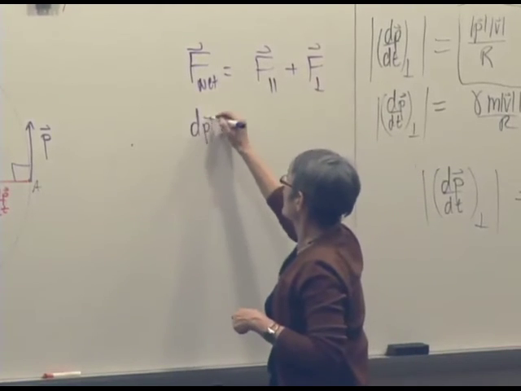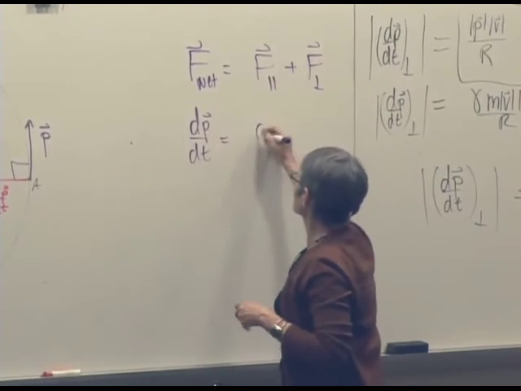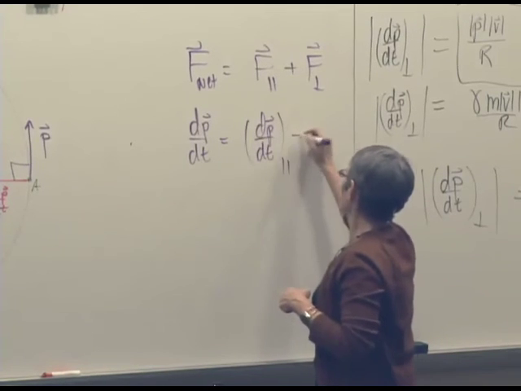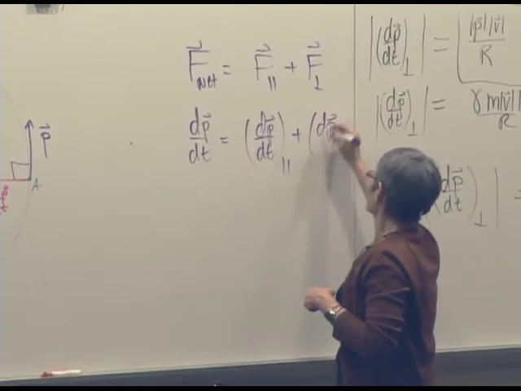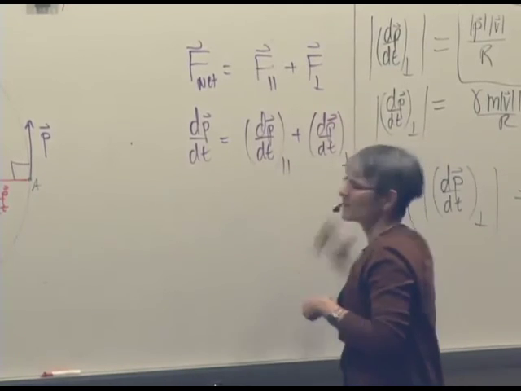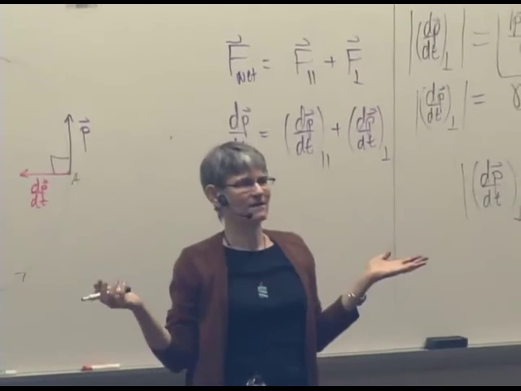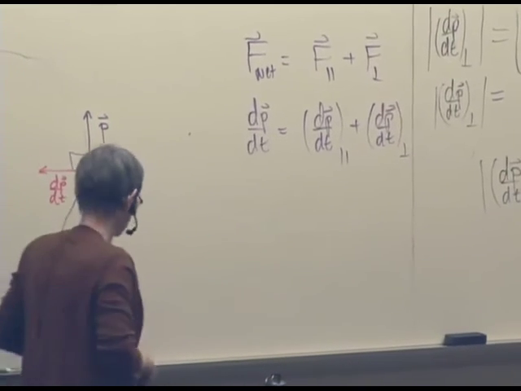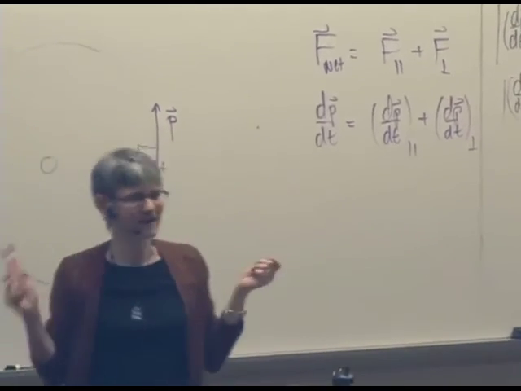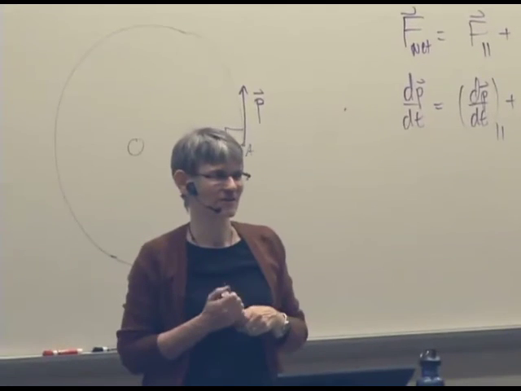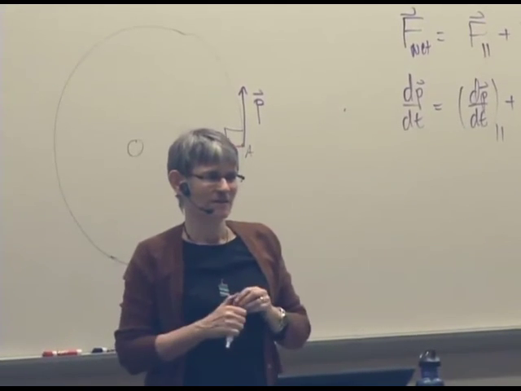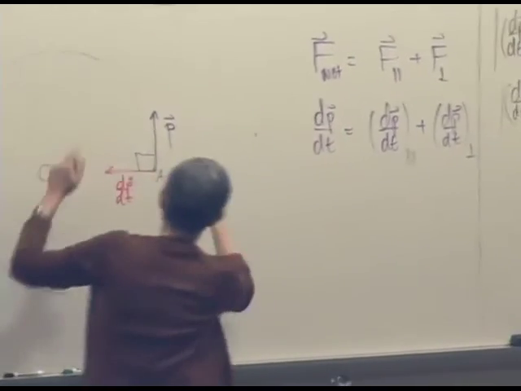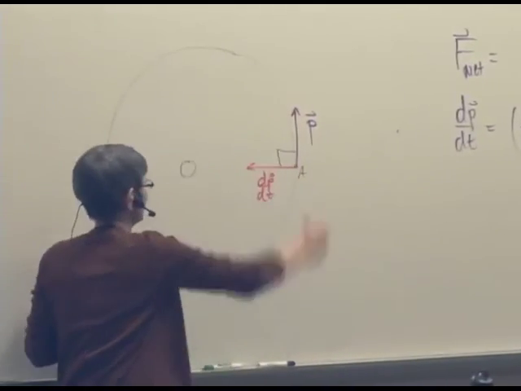We have dp dt is equal to dp dt parallel plus dp dt perpendicular. Perpendicular to what? Okay, that's the key, isn't it? Perpendicular to what? Where do we start? What are the things that could be perpendicular to?